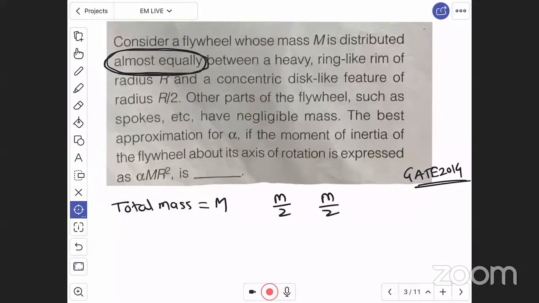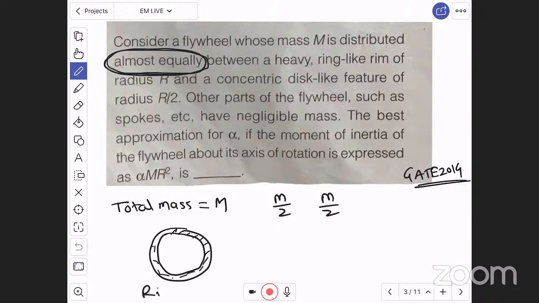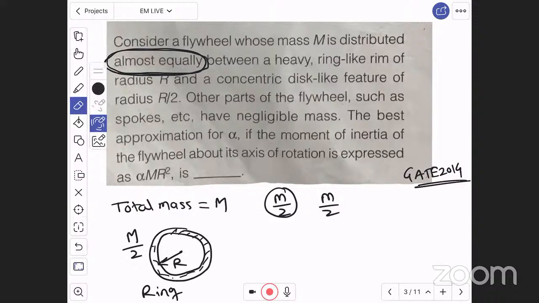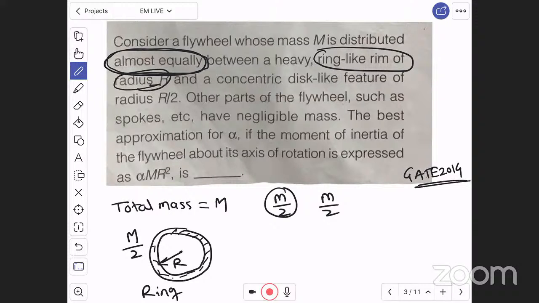Now let us understand the question. Consider a flywheel whose mass M is distributed almost equally between a heavy ring-like rim of radius r and a concentric disc-like feature of radius r by 2.